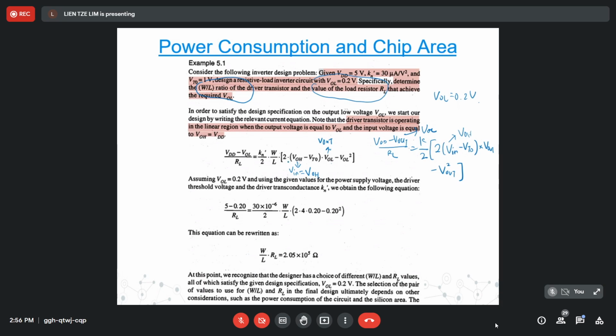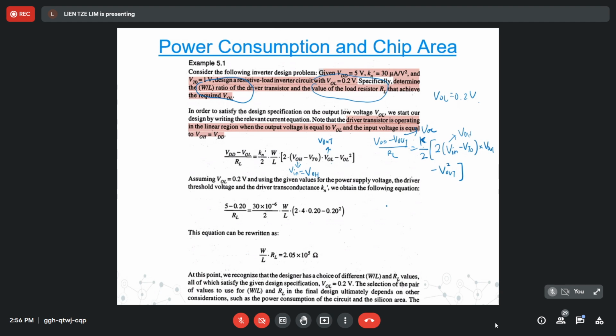So all the values are given except what? Except the width over length and the RL. One more thing, I want to mention about K. You see this is K prime.